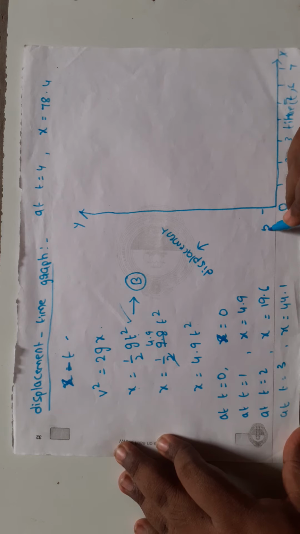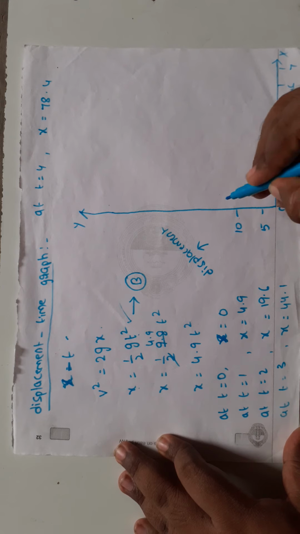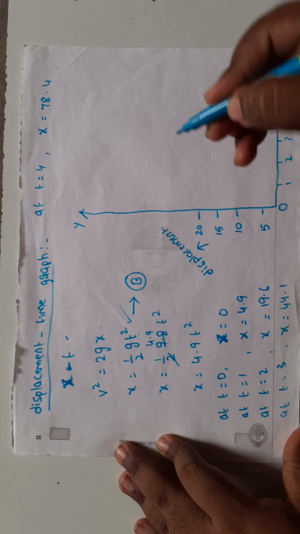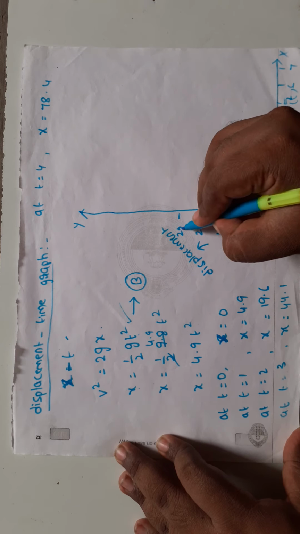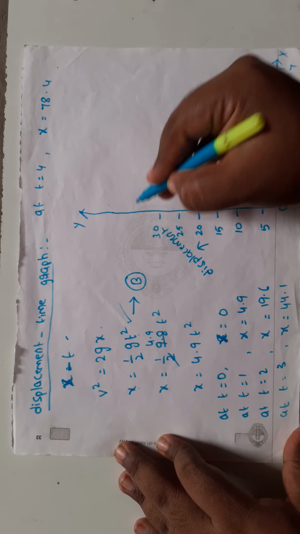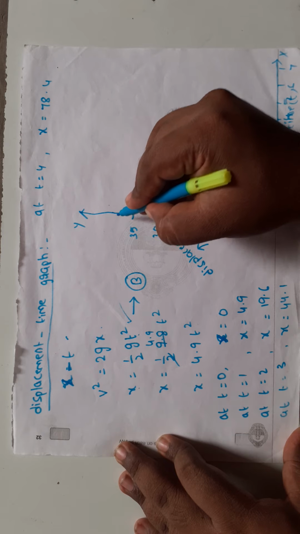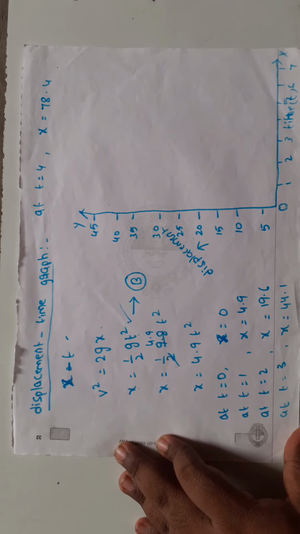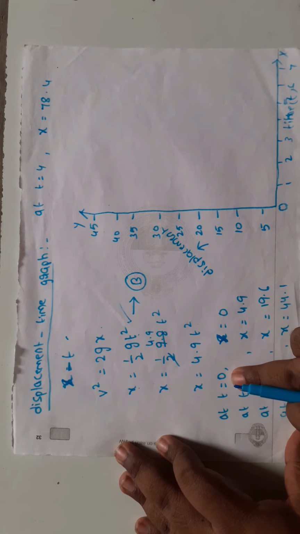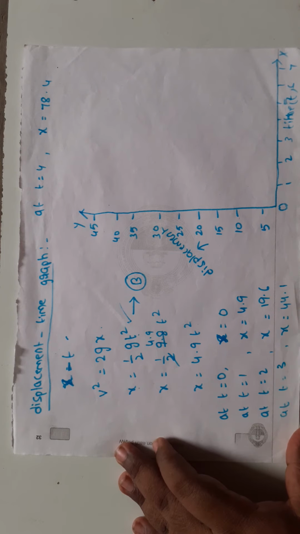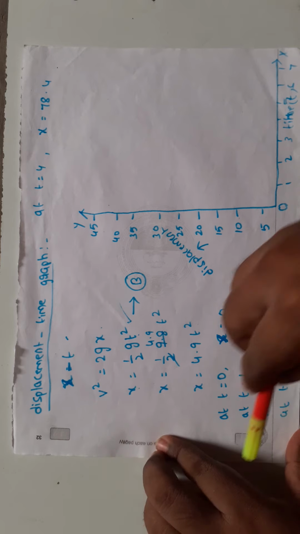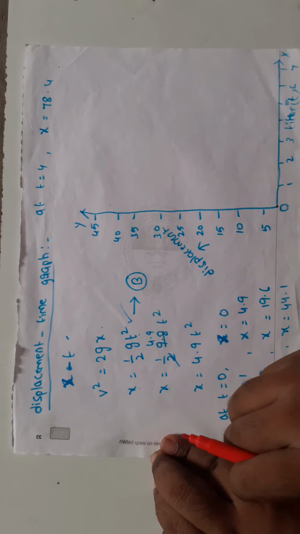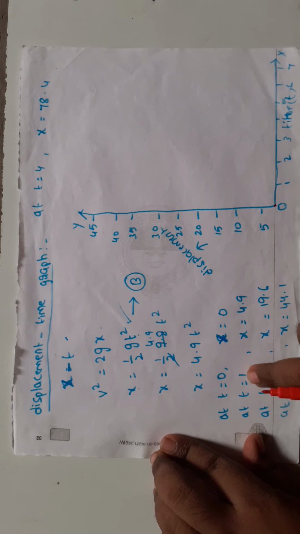Along the y-axis 5 meter, 10 meter, 15 meter, 20 meter, 25 meter, 30 meter, 35 meter, 40 meter, 45 meter. At time t equal to 0, x equal to 0. So the point is here.